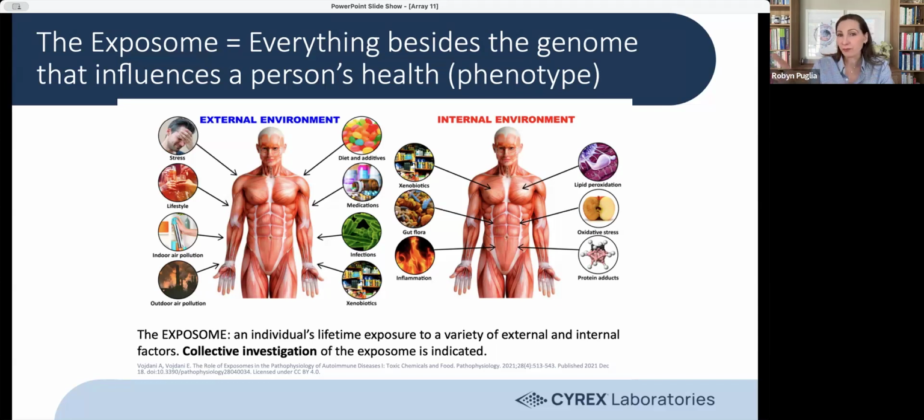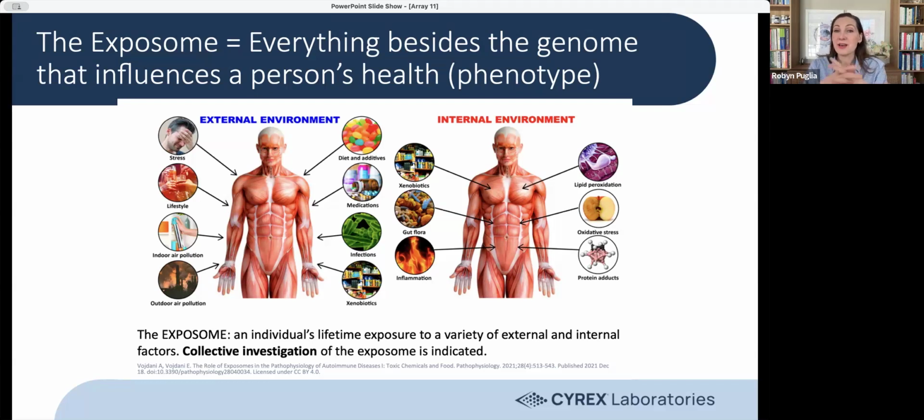So of course, when we're talking about toxins in the context of biotransformation and elimination, we have both endogenous and exogenous exposures to waste products and toxic metabolites and toxic products. But in the context of the immune system, the exposome is the individual's lifetime exposure to a variety of external and internal factors.